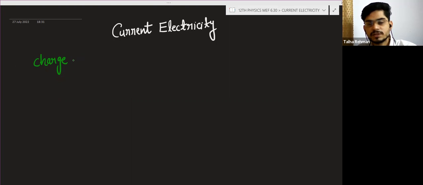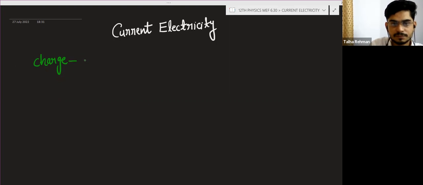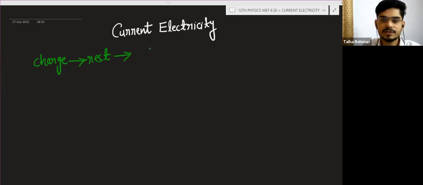In the electrostatics chapter, we have charge at rest. If the charge is at rest, then we have studied all the things related to this in electrostatics.